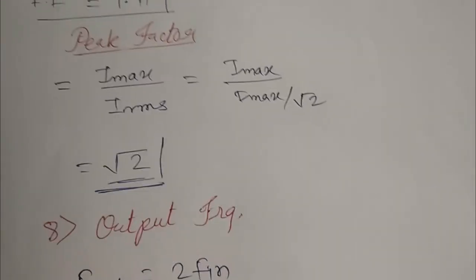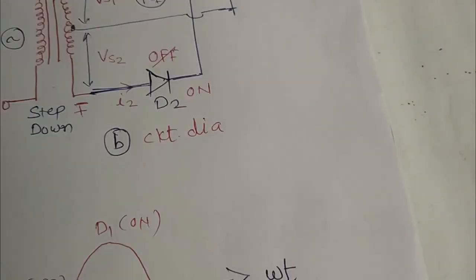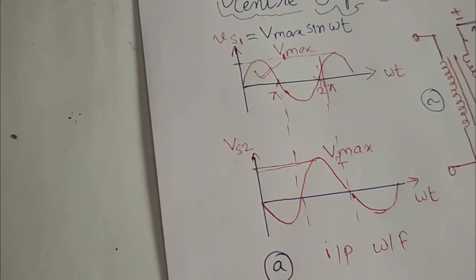Now we will see the next important parameter. It is called rectifier efficiency. We have to see the efficiency of the full wave rectifier. Earlier we have seen the efficiency of the half wave rectifier. Efficiency means how efficiently this particular device works. So it is called rectification efficiency. Do you remember what was the value of half wave rectifier efficiency?